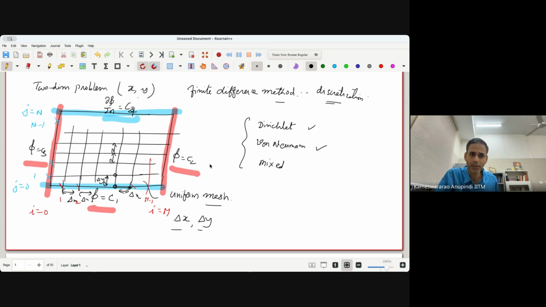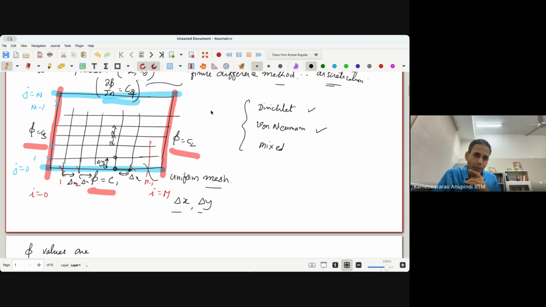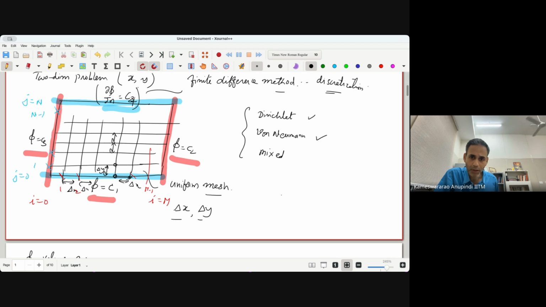That means we already know them through the boundary condition, or we'll be able to calculate them through the other boundary condition. Let us say if it is Neumann, we don't know the value directly, but we can calculate it by including that in the equation. So our unknowns are the points where we need to calculate phi.